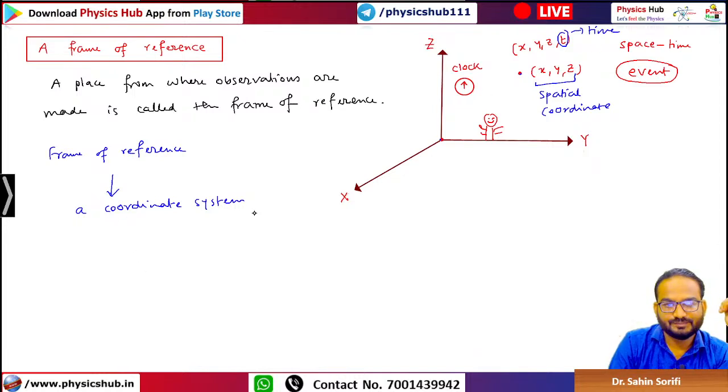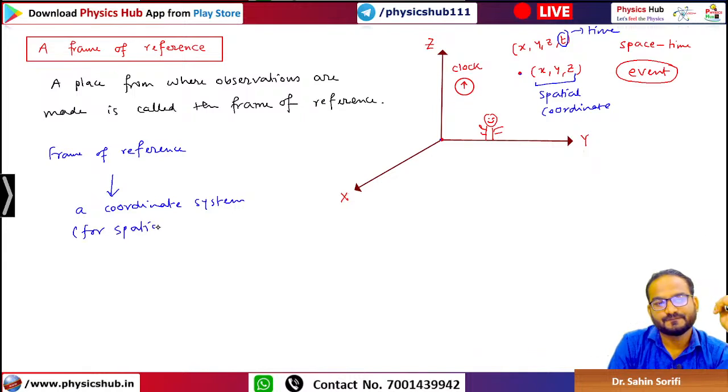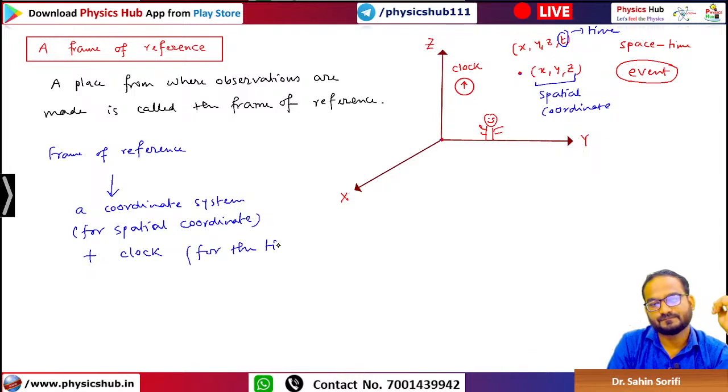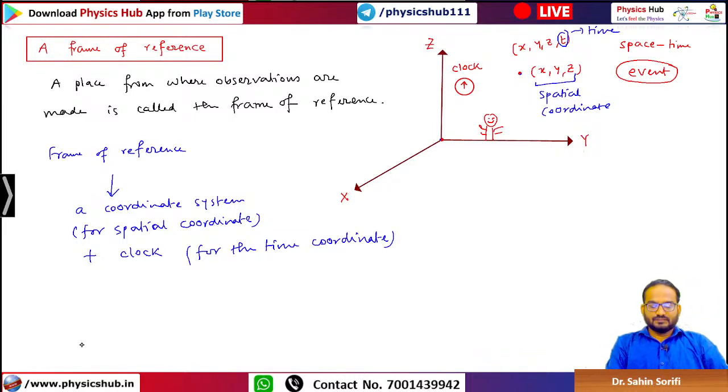A coordinate system for spatial coordinates, plus we also associate a clock for the time coordinate. So an event means x, y, z, and time.